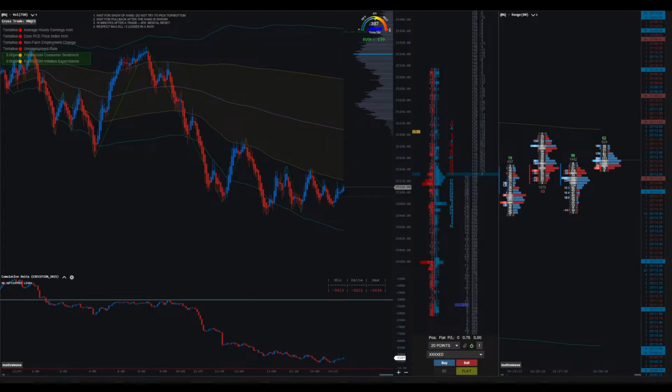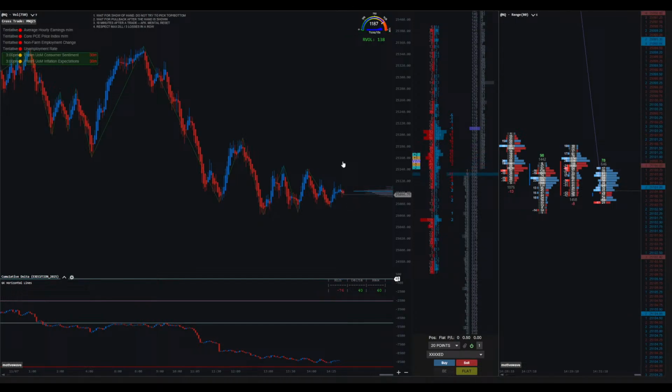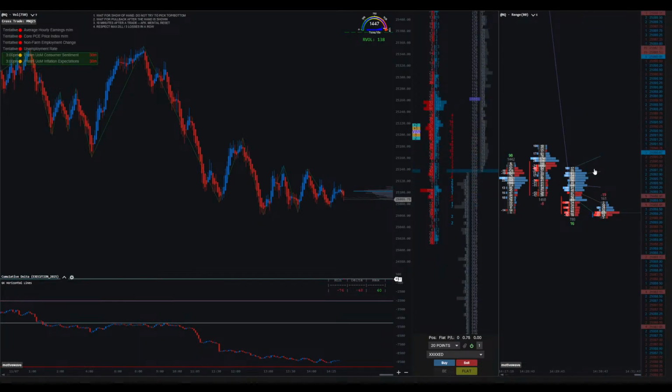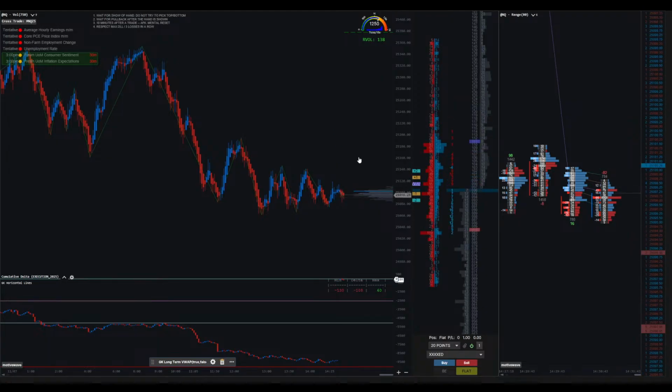Everything is set. NQ +1 touch. NQ -1 touch. NQ +2 touch. Okay, at the start, obviously my shit is freaking out. The VWAP just opened up. Let's see what happens.